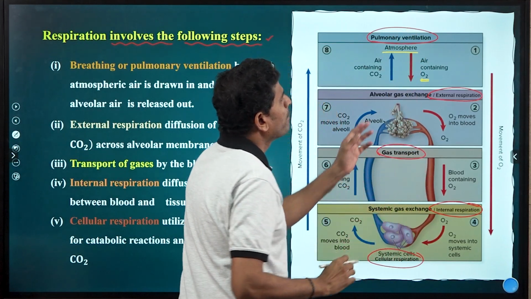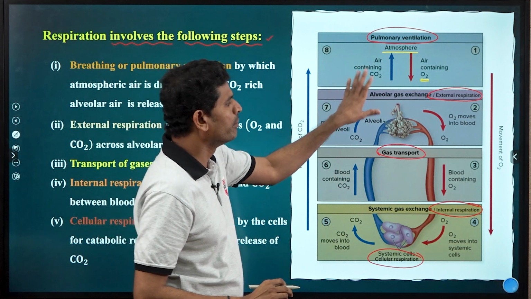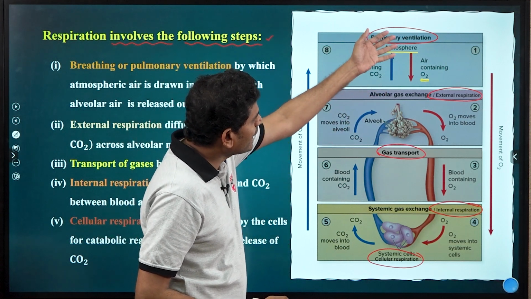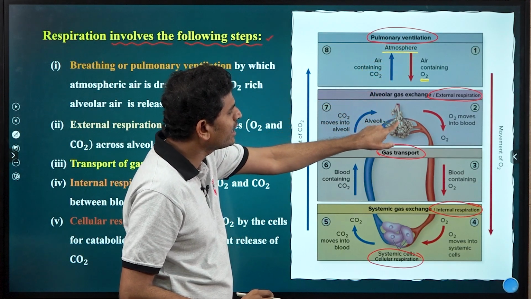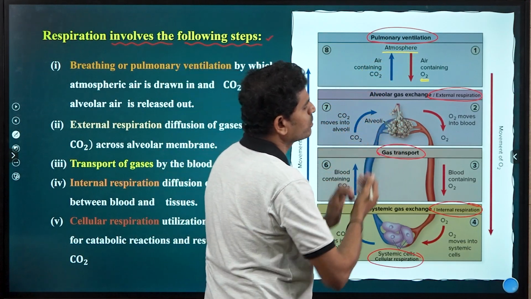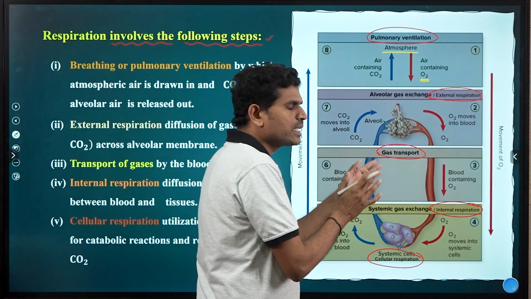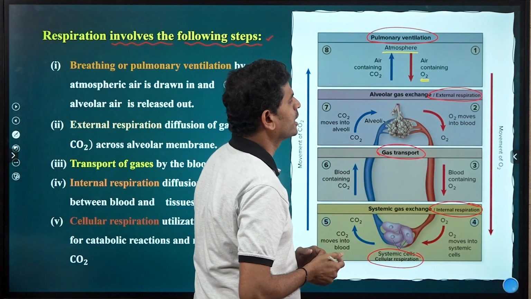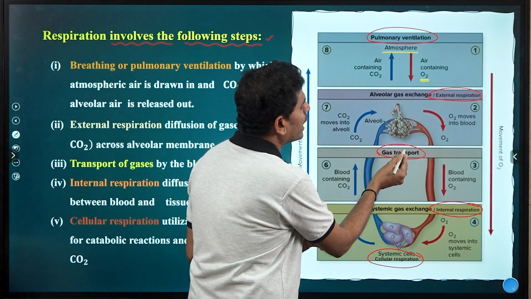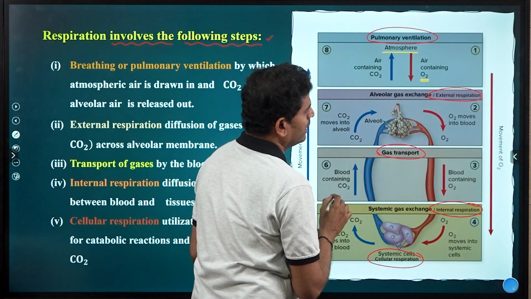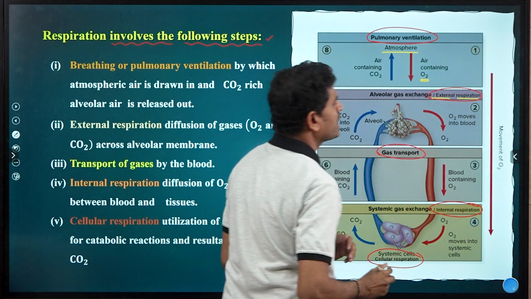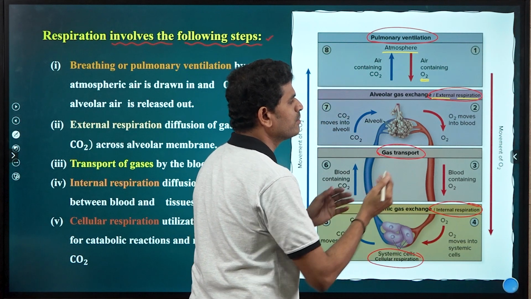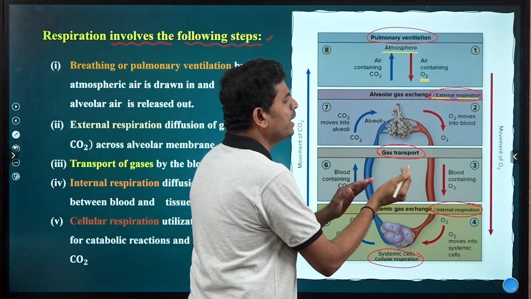This is called pulmonary ventilation or breathing. Now the air taken inside will reach the lungs, and the first exchange takes place between the alveoli and blood. That's why it is known as external respiration. The first exchange of gases takes place between the alveoli and blood.